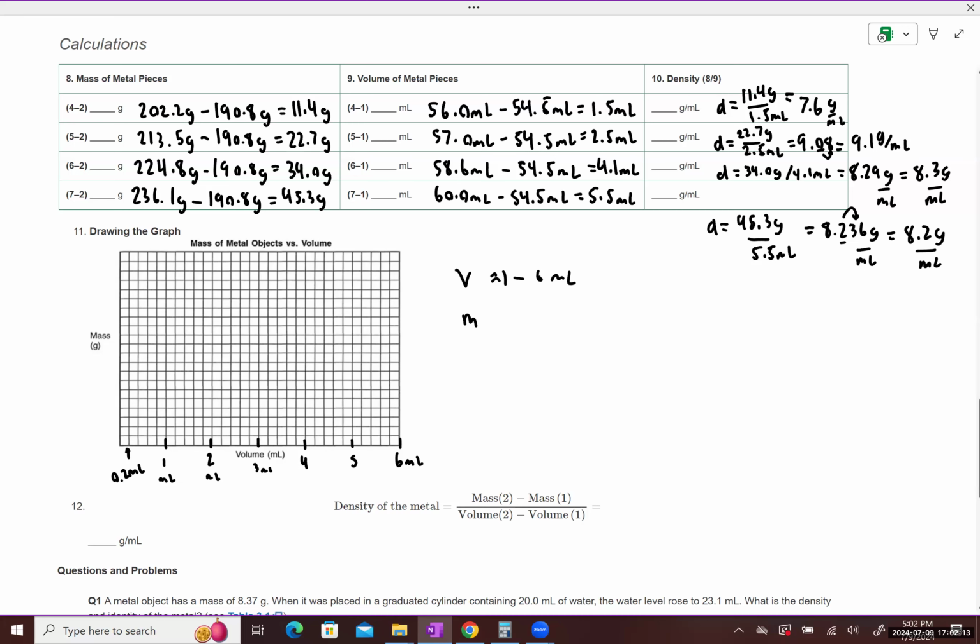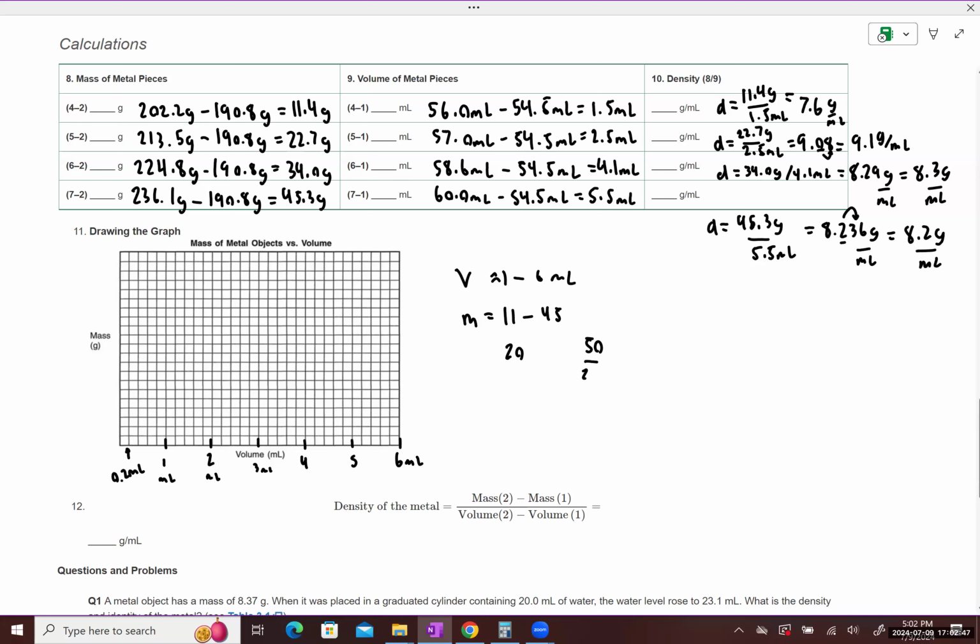Now, in terms of the mass, it ranges from about 11 all the way to 45. And given that we have 1, 2, 3, 4, 5, 6, 7, 8, 9, 10, 11, 12, 13, 14, 15, 16, 17, 18, 19, about 20 marks. Well, if I want to go all the way up to 45 and I have marks of 20, let's put 50 as the upper bound because that encompasses 45.